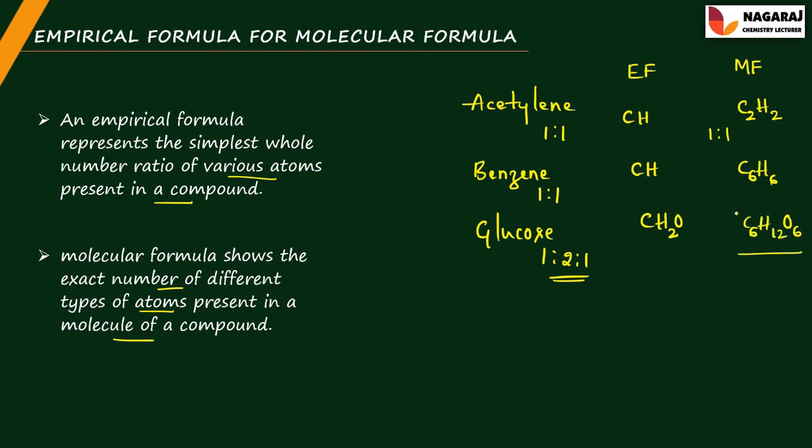So the molecular formula gives information about the exact number of atoms present in a molecule. But the empirical formula gives just the simplest whole number ratio of various atoms present in a compound.